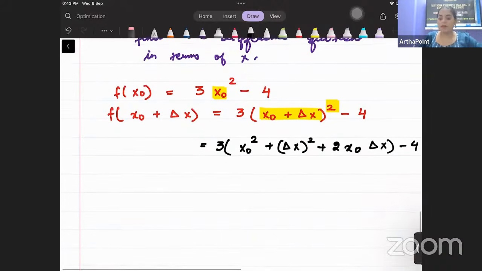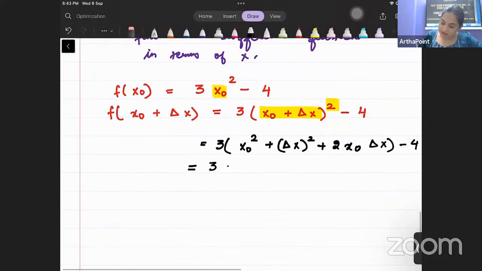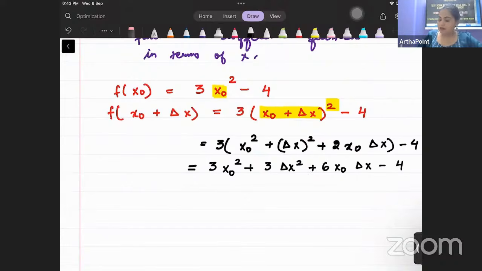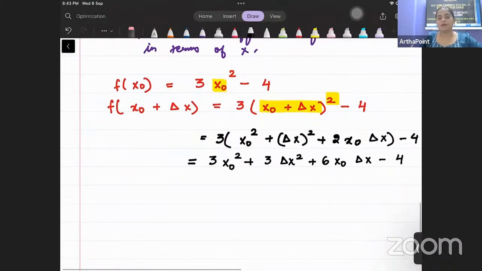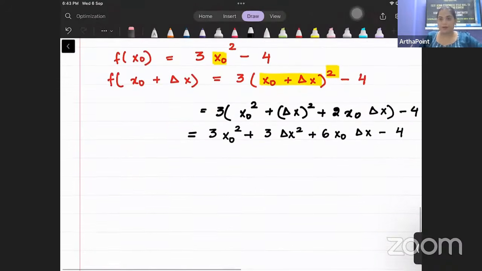So I can rewrite this as 3 x naught square plus 3 change in x square plus 6 x naught change in x minus 4. Clear? Okay. Now tell me something. What is the formula?